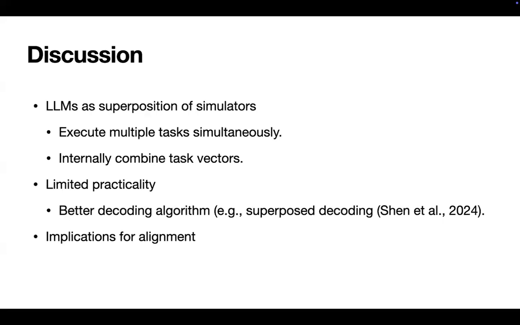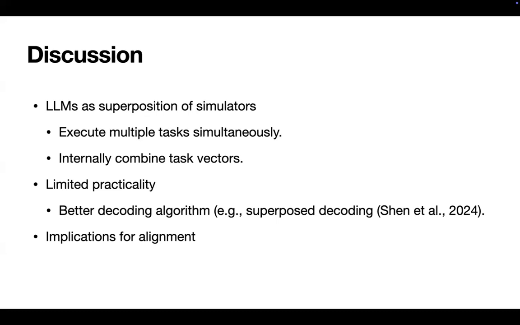And that's everything, the experiments and the findings for our paper. So we show that LLMs are a superposition of simulators, meaning that they can execute multiple tasks simultaneously, and we show that it internally combines task vectors.